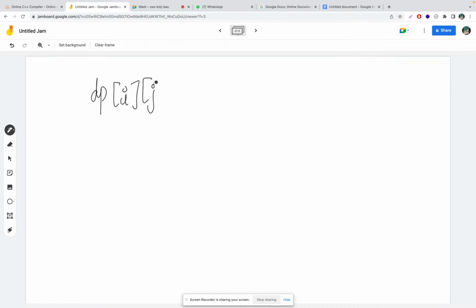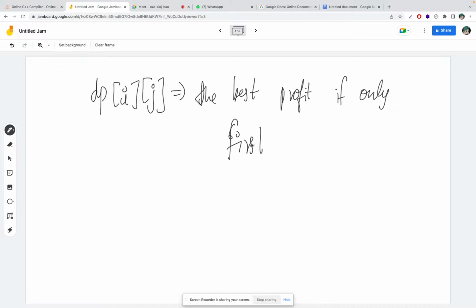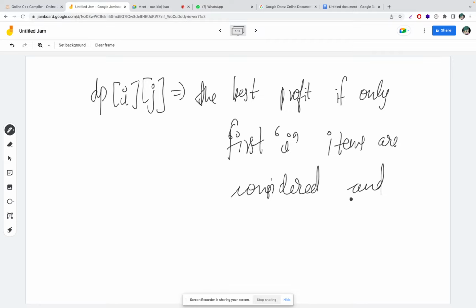We will discuss the meaning of this. Let's say this means the best profit if only the first i items are considered and the current capacity of the bag is j.